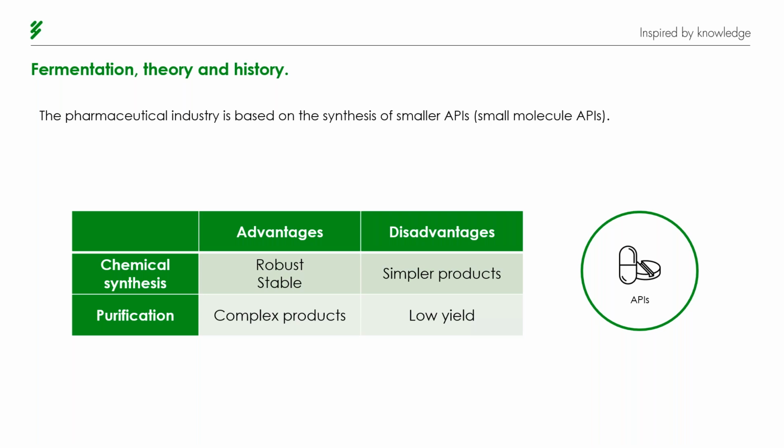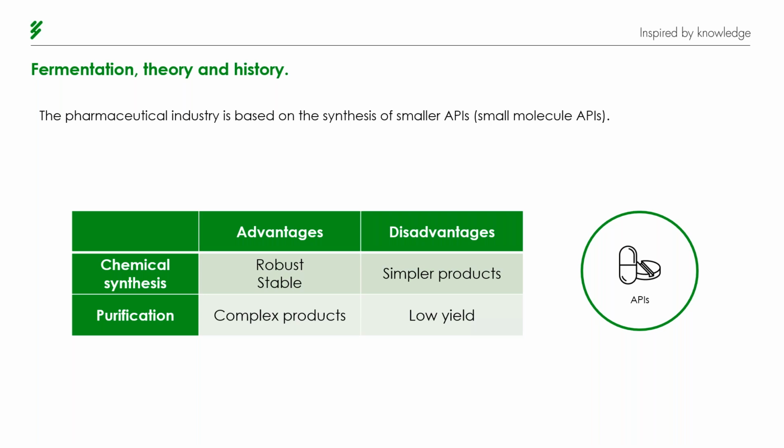Most companies in the pharmaceutical industry still rely on the production of small molecule APIs. There are other methods besides fermentation. This could be through chemical synthesis, or the purification from raw material, commonly plants and vegetables. Chemical synthesis has been the common method. It has great robustness and stability, but it is only applicable for the simplest molecules.